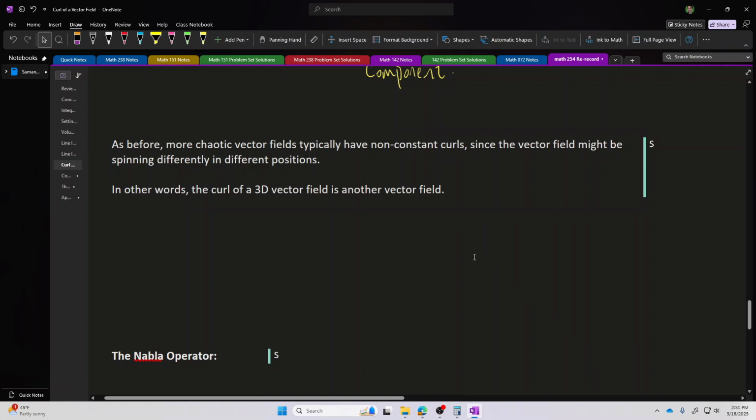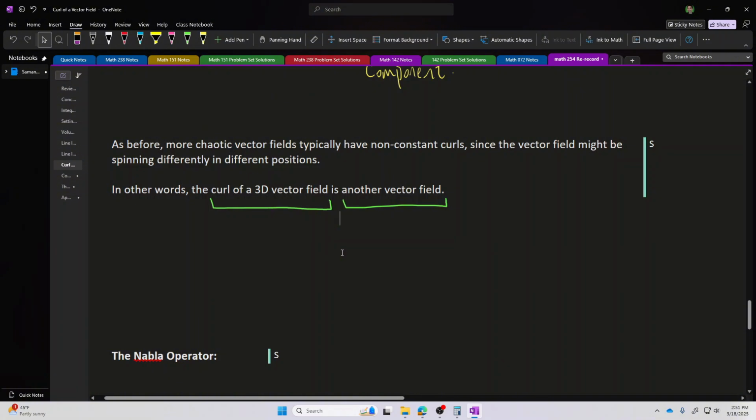It's a vector that has functions in its components. So in other words, the curl of a three-dimensional vector field is another vector field, a three-dimensional vector that can have functions in its components. So that's a major difference between 2D curl and 3D curl.